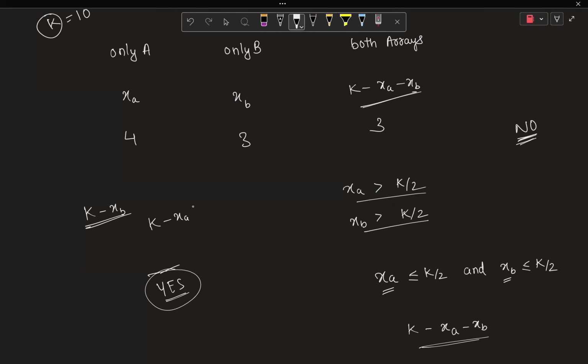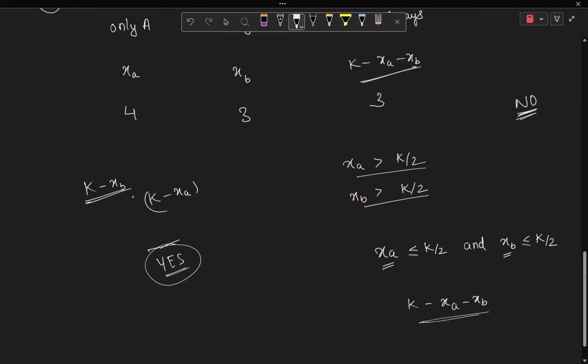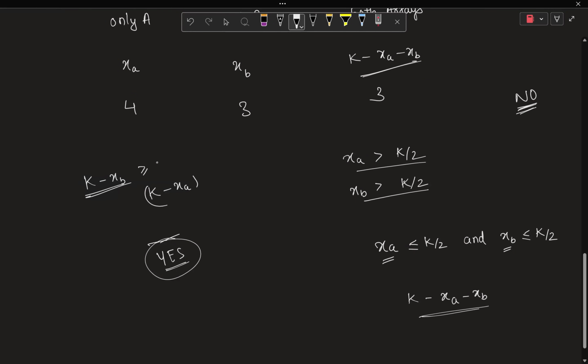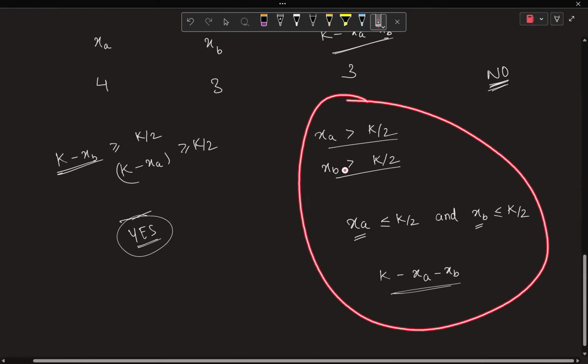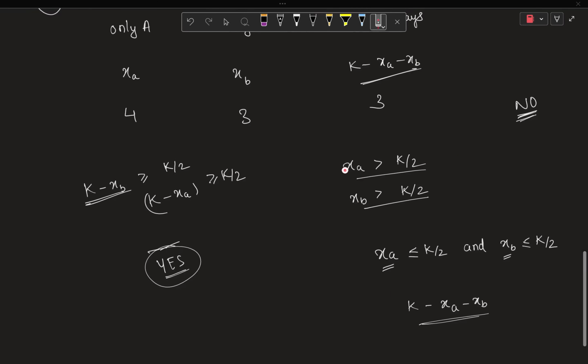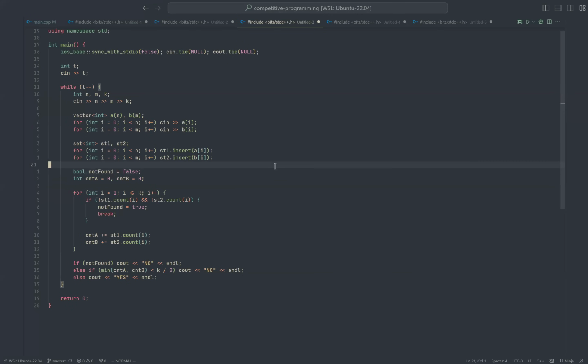And similarly for array B, and both of these things should be greater than or equal to k by 2 now. You can just get these conditions from this part very easily. If you don't understand this part, there is no problem. You can code this thing. It will also give the correct output. So that's what I did here.